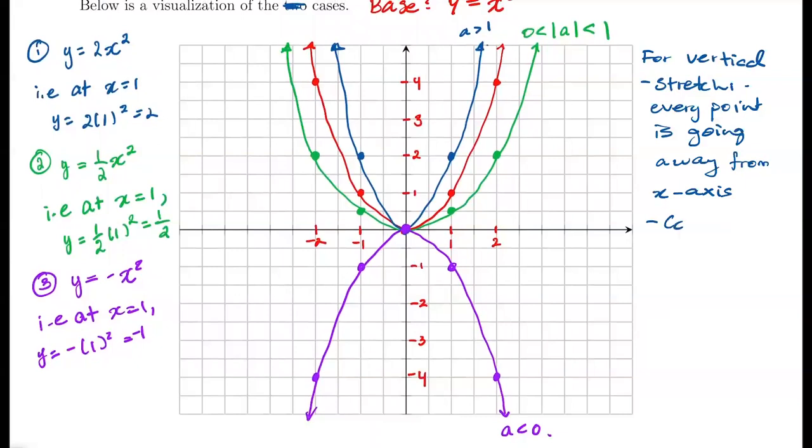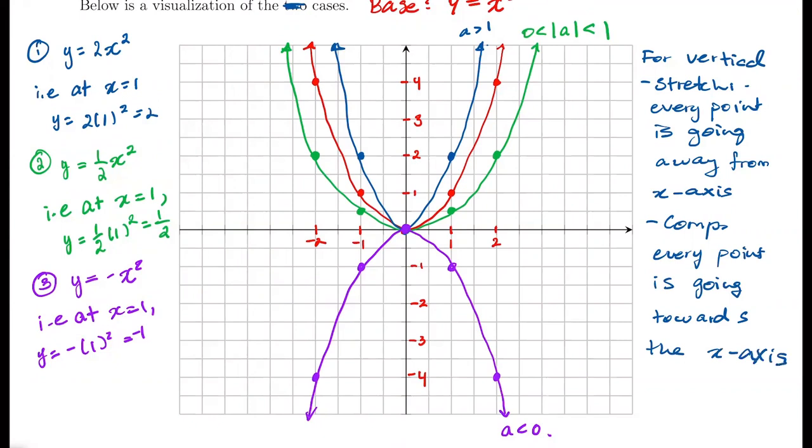And then if it's a compression, then every point is going towards the x-axis. So that's two ways where you could remember whether it's going to be a vertical stretch or a compression. Okay, so that's the vertical stretches and compressions.